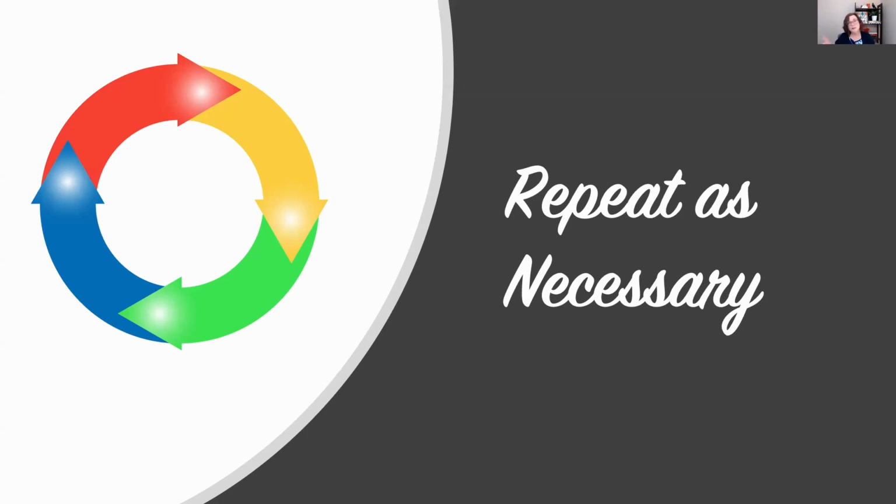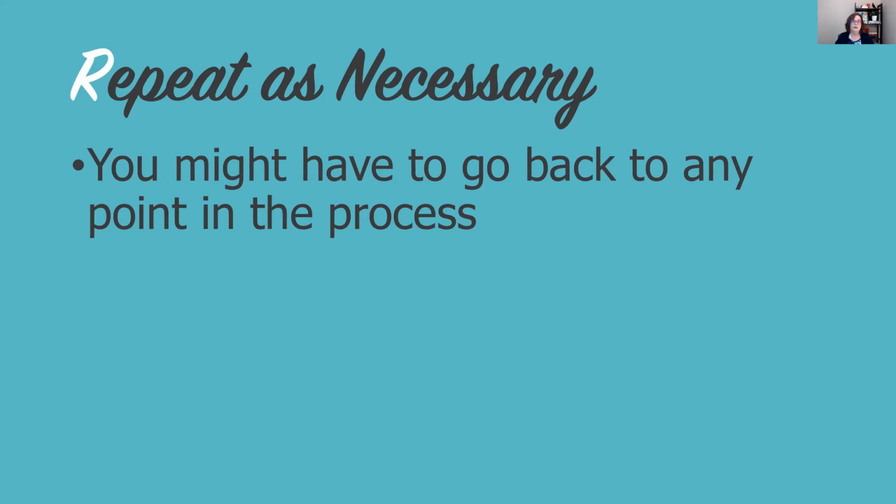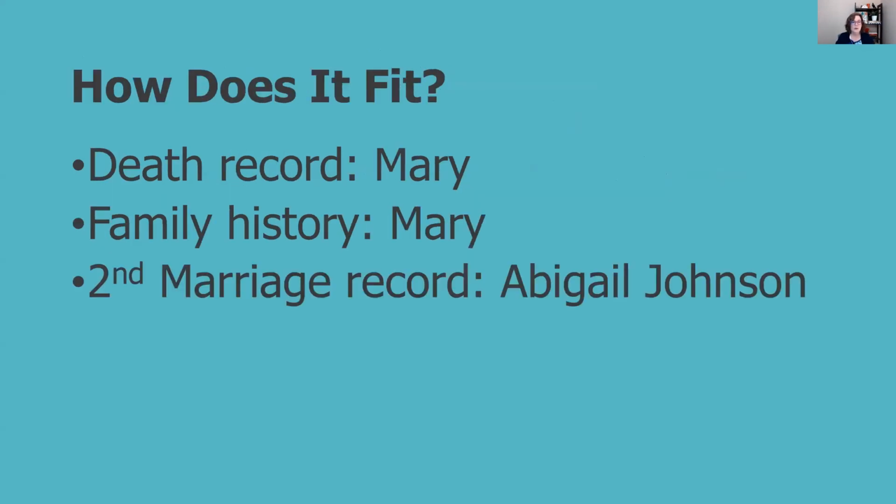But sometimes it doesn't. And when that happens, we need to go back and repeat this method as necessary. And we might have to go back to any point in the process.